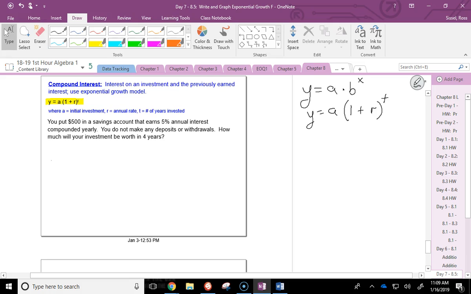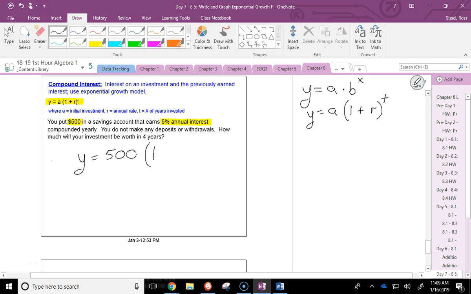So you put $500 in a savings. So that's my initial investment. So I'm going to say y equals 500 into a savings account that earns 5% annual interest compounded yearly. That's how we know we're using this compounded interest. That's how we're using this little equation. So 5%. I'm going to come back in here and say, okay, 1 stands for 100%.